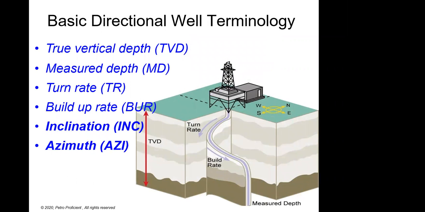Also, some other terms that you should be familiar with are the total vertical depth and the measured depth. You can see here in the image, this is your TVD, just the vertical depth. You have your turn rate, you have your build rate, and this is your measured depth. The depth that the bit or the drill pipe measures along the course of the well is measured depth, whereas TVD is just the vertical depth from surface to bottom.